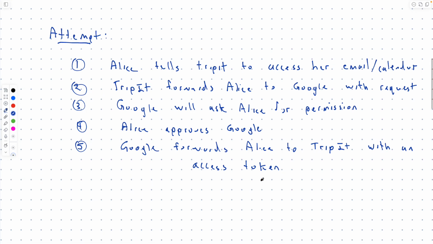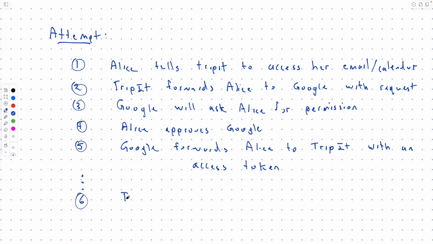So it will reply to Alice and say, I want you to go to this URL, tripit.com, access token equals ABC. And then Alice's browser will go there, and effectively tells ABC to TripIt. Then Alice can go offline, so we don't need Alice anymore.